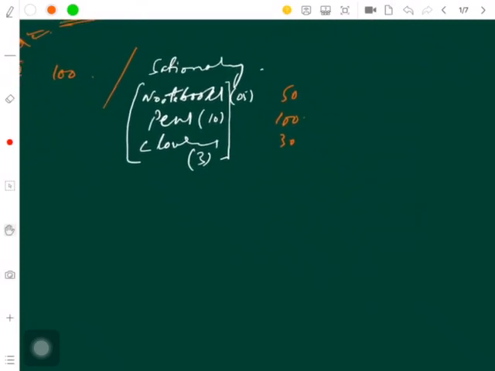He has only 100 rupees, but on inquiring, he gets to know that he requires 180 rupees. So that means he is short of 80 rupees here. So what will he do?